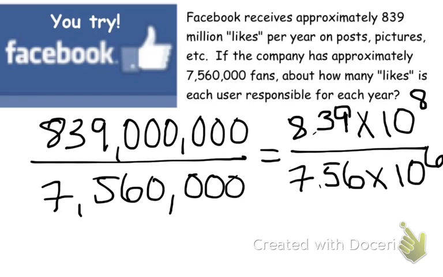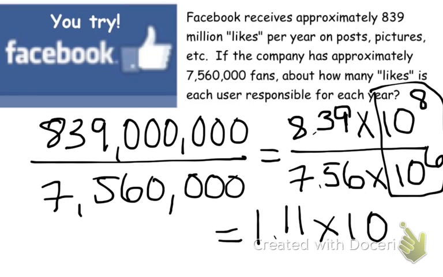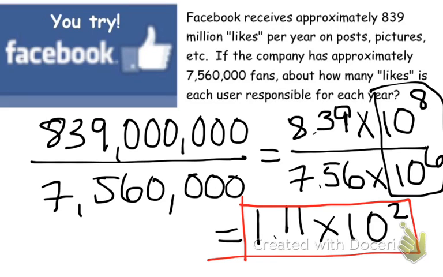Now I can divide each coefficient, 8.38 divided by 7.56. Be sure to round your answer to the nearest hundredth. 1.11 times 10, after dividing out 10 to the 8th and 10 to the 6th, we have 10 to the 2nd power. Our coefficient is between 1 and 10, less than 10, so we have completed our last step.